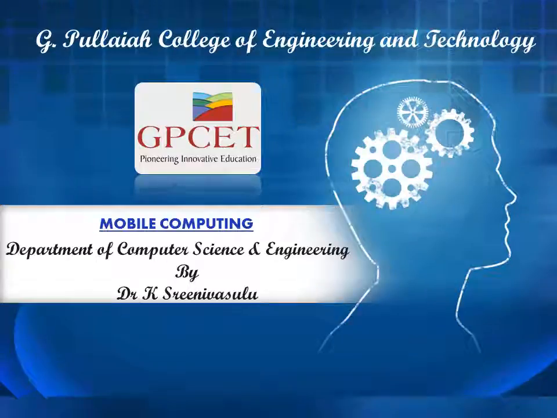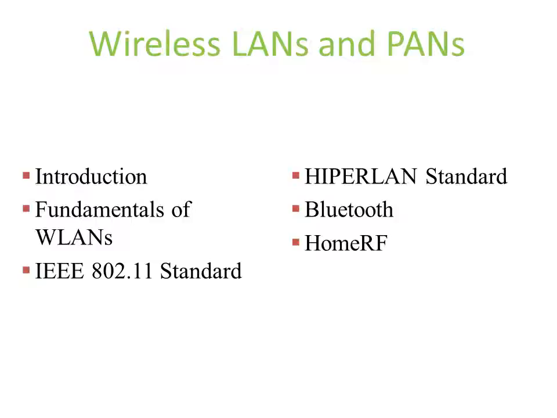So based on that, the first topic of our mobile computing subject is wireless LANs and wireless PANs. Wireless LANs means local area networks and PANs means personal area networks. Both LANs and PANs can work wirelessly. LANs need different types of media to communicate information.